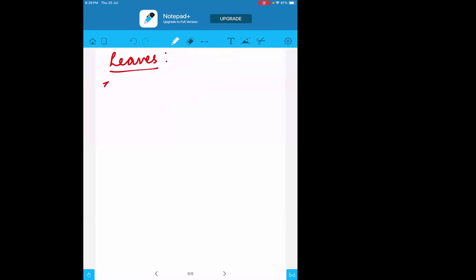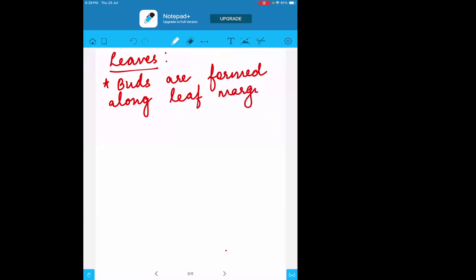In the case of the leaves, what happens? The buds are formed along the leaf margins, which later give rise to the new plant.